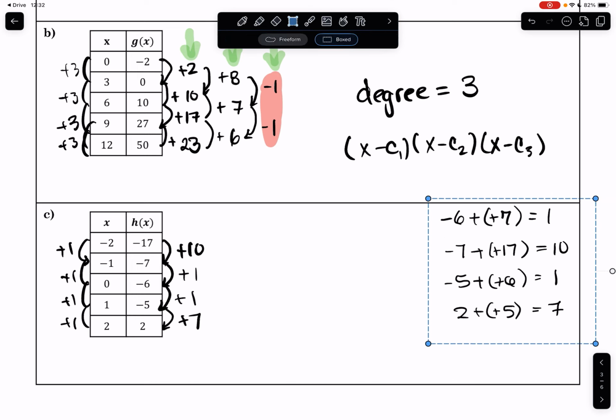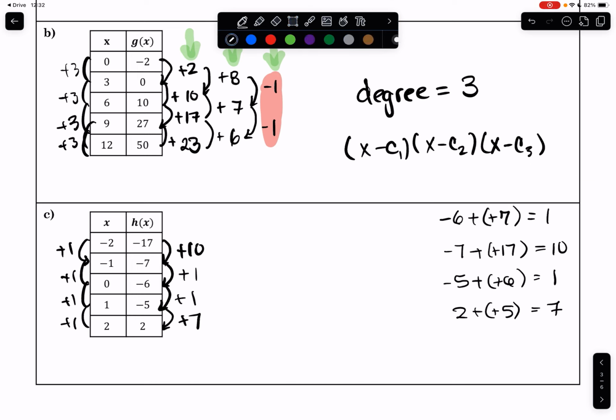Let me move this out of the way. And now from here to here, that's 1 minus 10, which is -9. 1 minus 1, that's equal to 0. And 7 minus 1 is equal to 6.